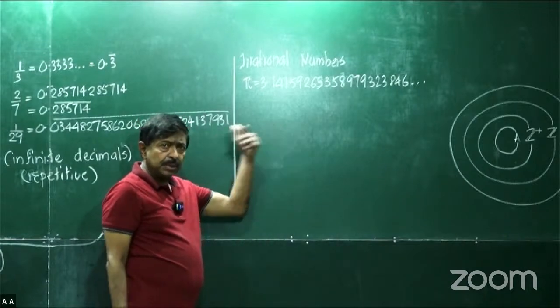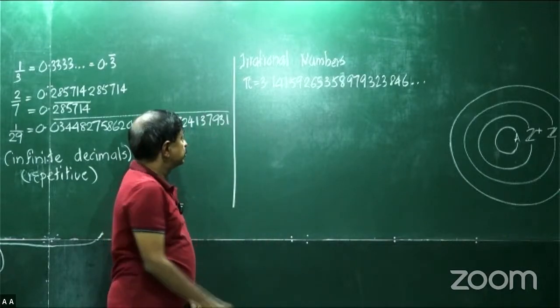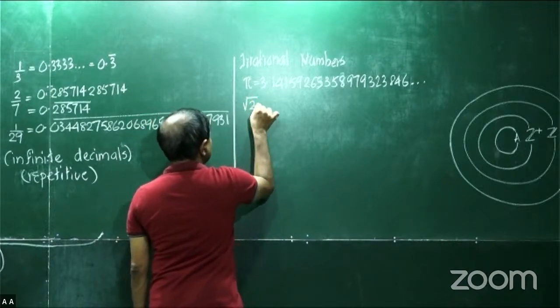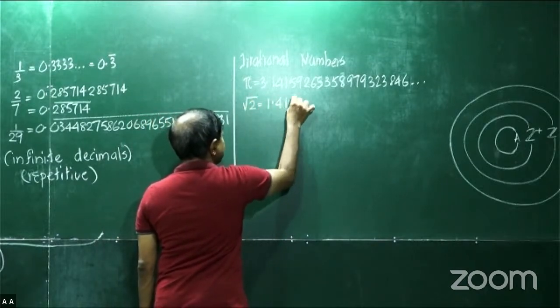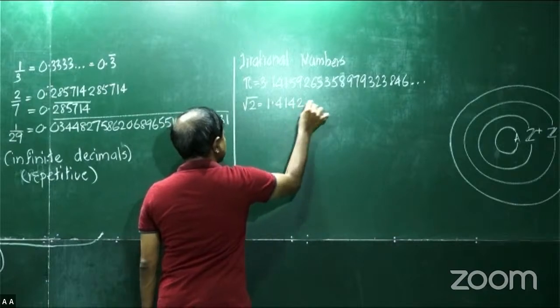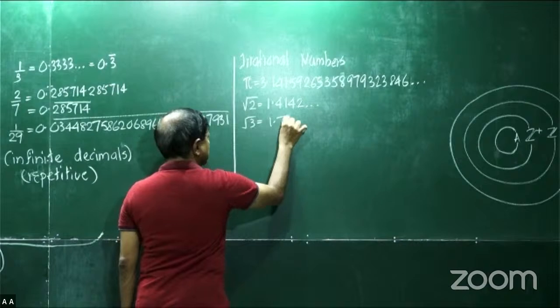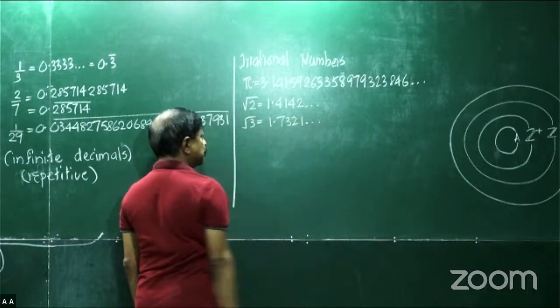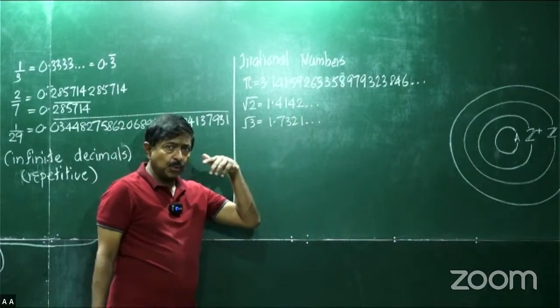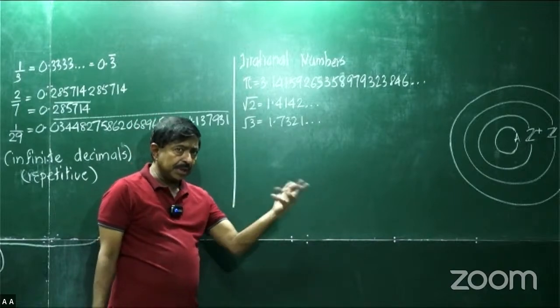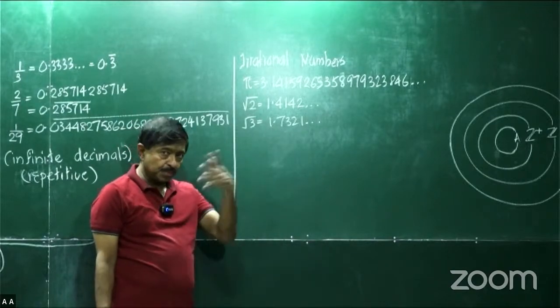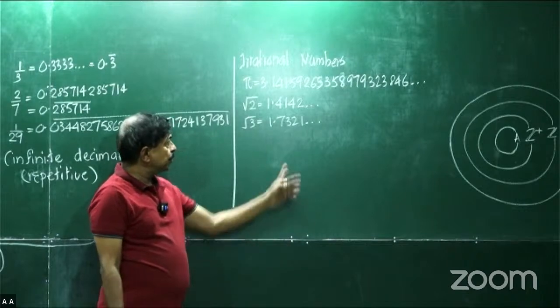It goes on and on, but there's no pattern. Even though you find thousands of numbers, the next one cannot be determined. So these are called irrational numbers.